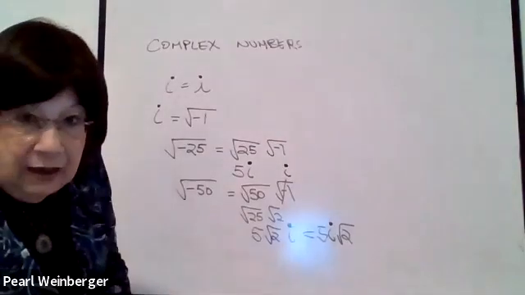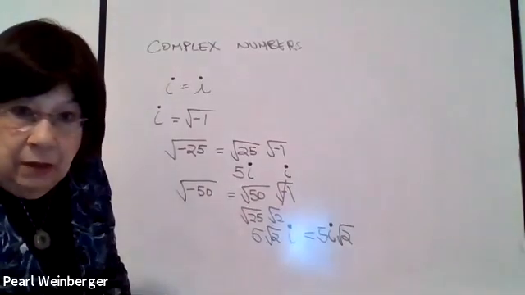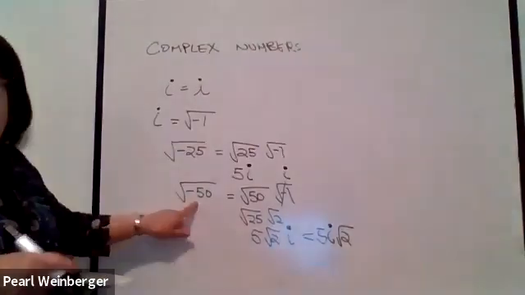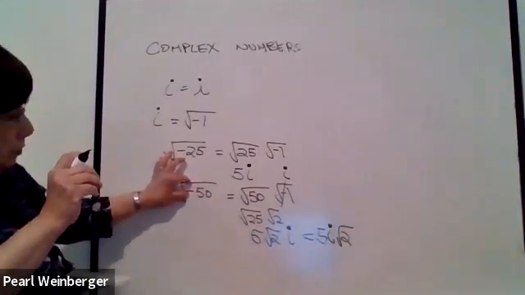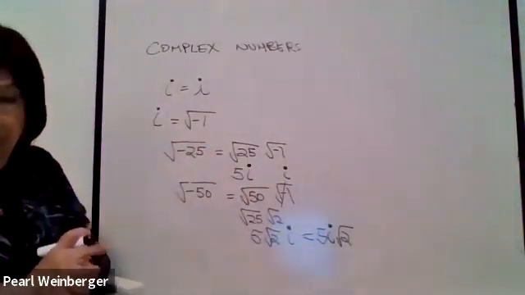So Professor, we have to write the i? Yes, you have to write the i, because if you don't write the i, what happened to the negative? The negative inside the square root translates to an i without a square root.